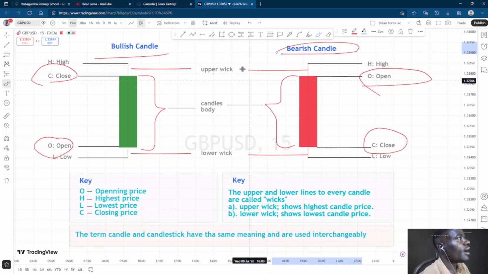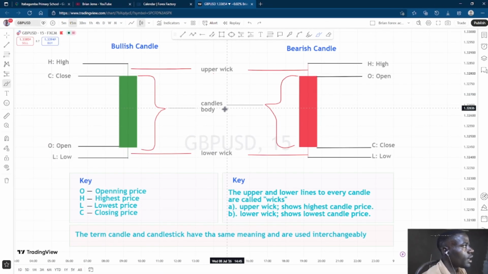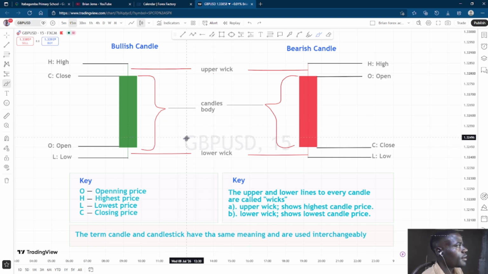There are a few things in common between the bullish and bearish candle, and you need to understand them very well. There are the candle's body, upper wick and lower wick. If you look closely at every single candle, and I will take you to the chart later in this video, you will see there are almost three parts.